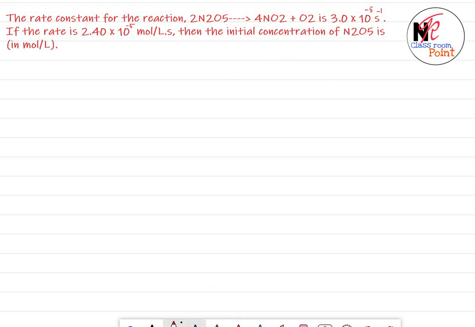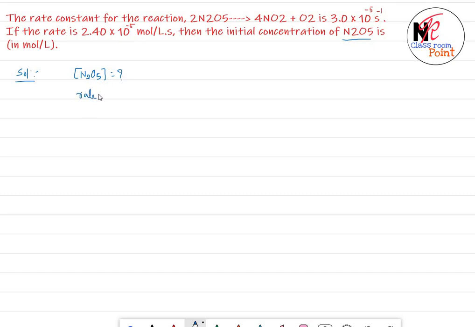So from this given question, it is very clear that they are asking us to calculate the initial concentration of N2O5. So let us go with the solution. We need to calculate the concentration of N2O5, that equals question mark. Other given data is the rate value.